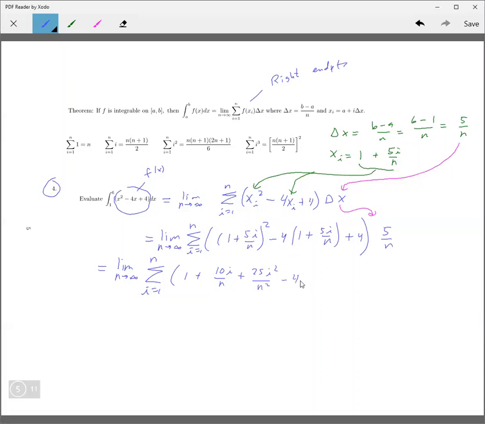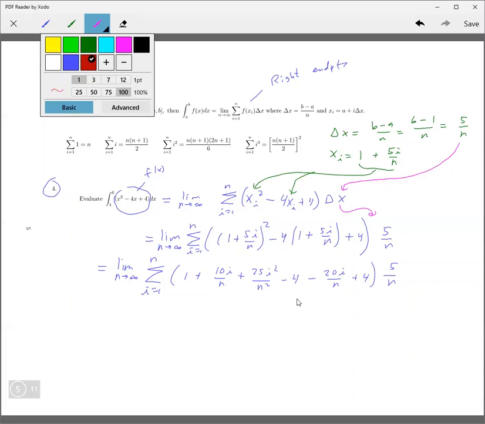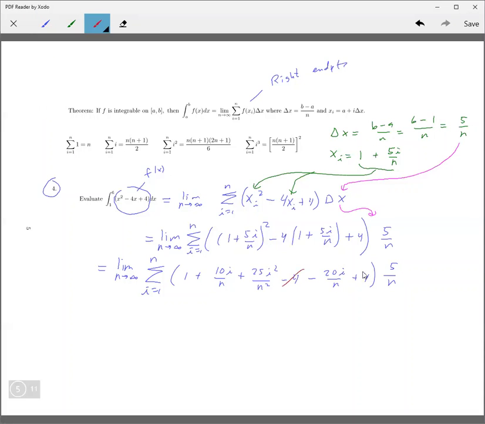And then here we have minus 4 minus 20i over n, and then plus 4. That's all multiplied by 5 over n. Now these 4s are going to cancel. And what else do we got? I can't believe I botched this so badly.